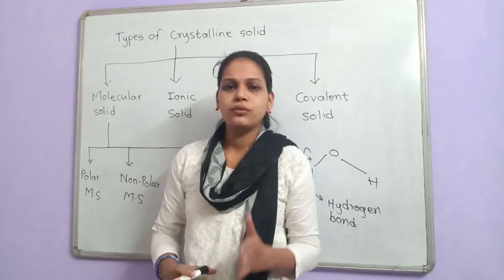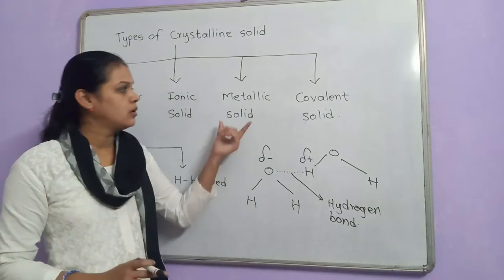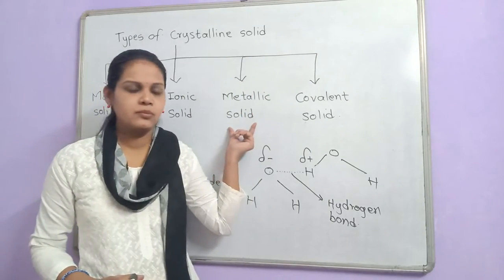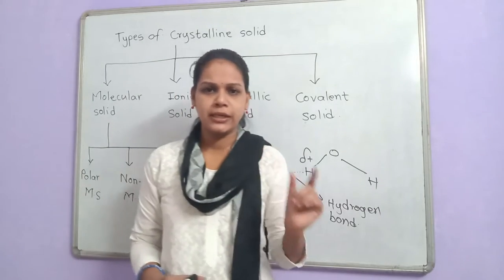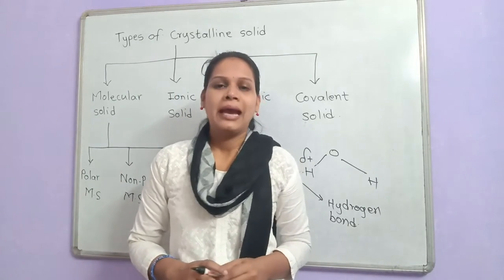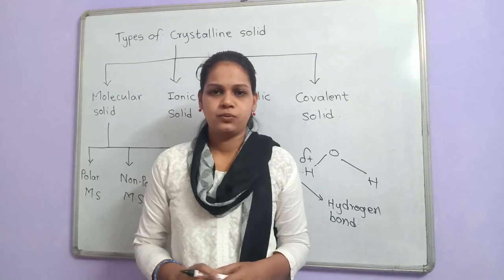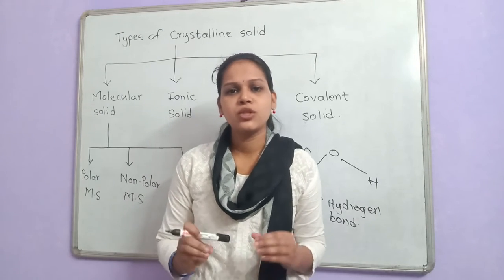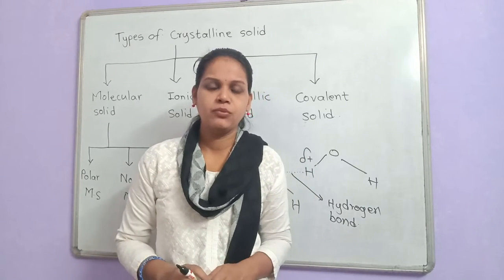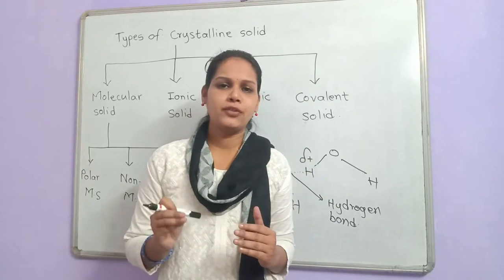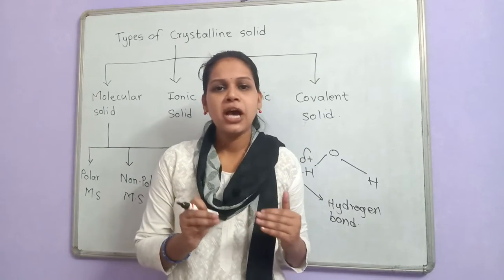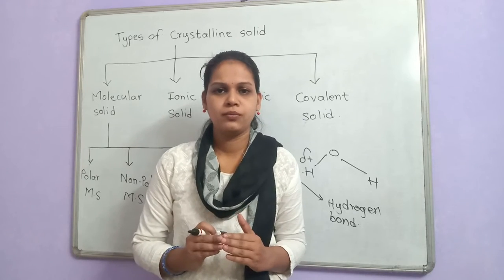Now we will move towards the third type, metallic solids. In metallic solids, the constituent particles are atoms of metal or atoms of metallic elements. As we know that metals are good conductors of electricity, here the charge carriers are electrons.